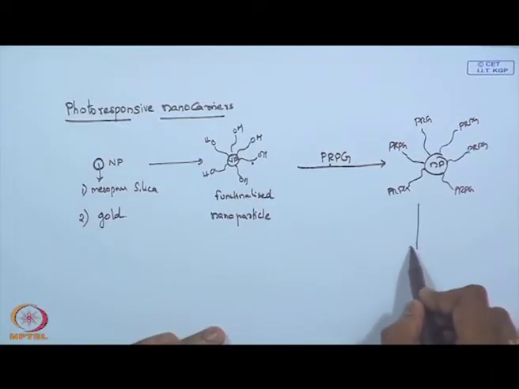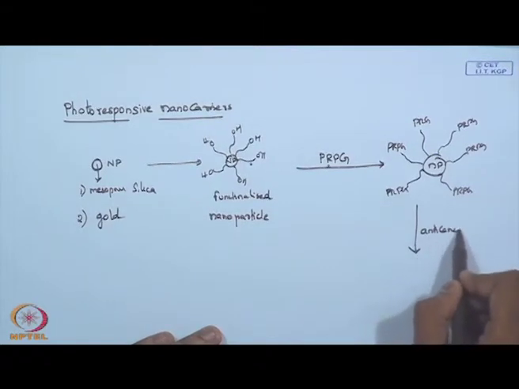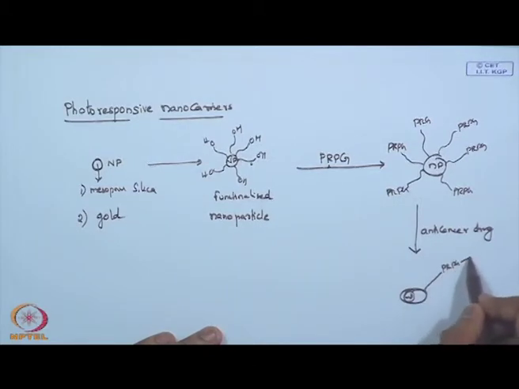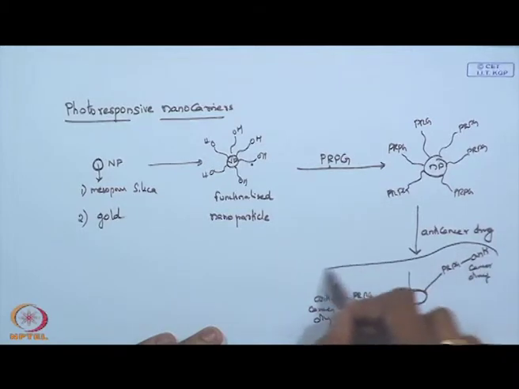Now, once you attach this photoremovable group, you can attach your anti-cancer drug as in the previous case. Now you have a nanoparticle carrying a photoremovable group plus the anti-cancer drug. Like this, you will have a nanoparticle.